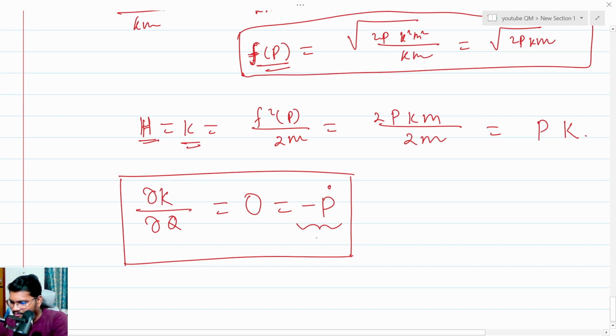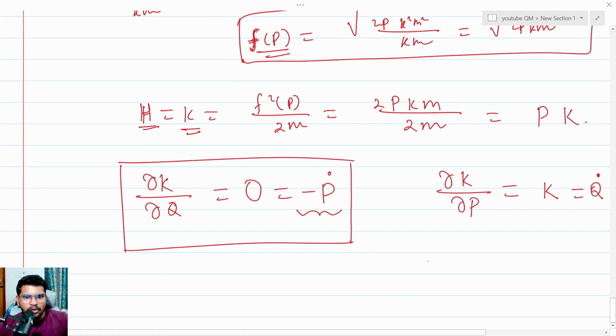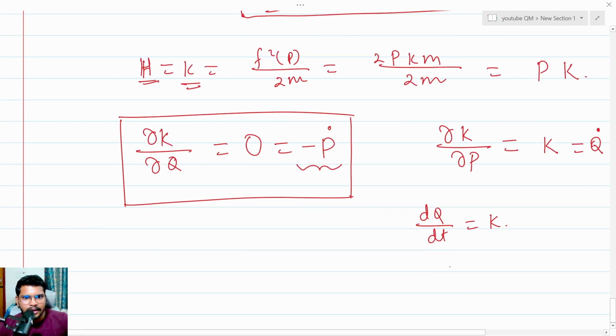And if P dot is zero, I can easily find out, let me just write, delta k by delta P. Delta k by delta P would simply be k, and it would be with Q dot, isn't it? So I will write delta Q by delta t is equal to k, and hence I will get kt plus c.